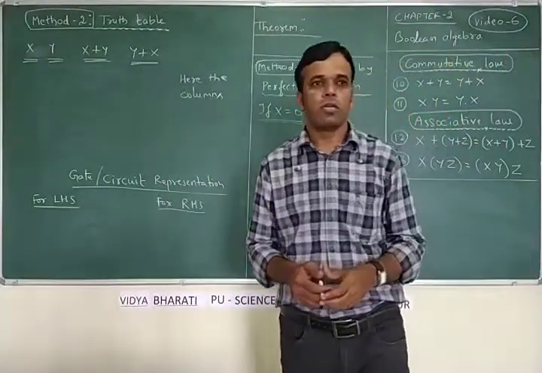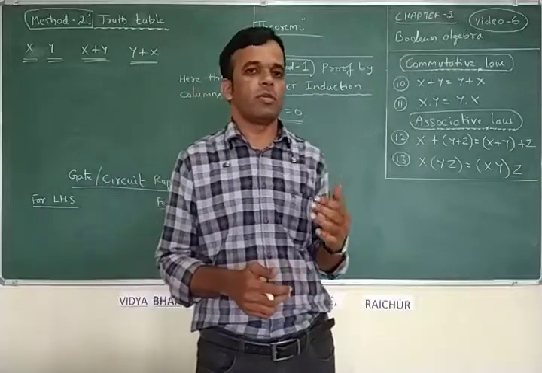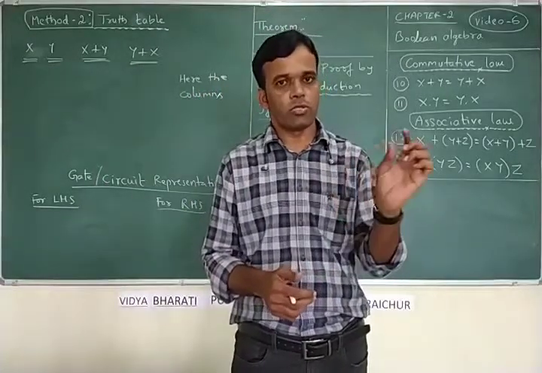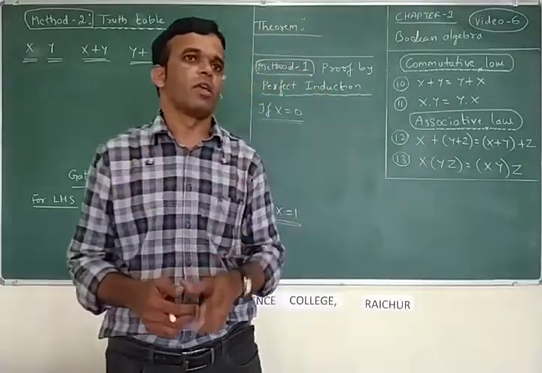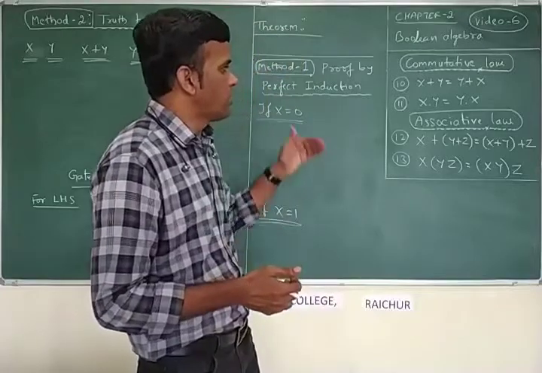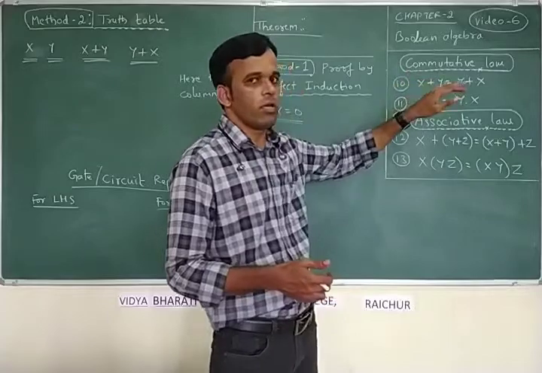Here, as usual, each and every theorem has a name, and up to 9 we have seen so many names associated with the theorems. Likewise, we have names for 10 and 11 as commutative laws.